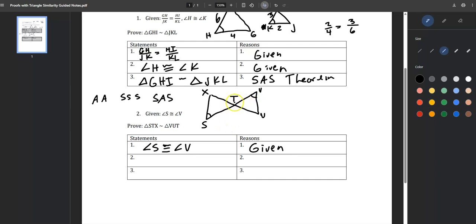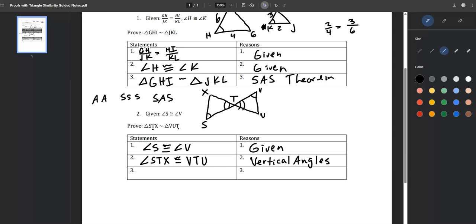And because they share this, angle T has to be equal to each other. So angle STX is congruent to VTU, meaning that these two angles are congruent because they are vertical angles. I can see that because they're sharing in this statement.